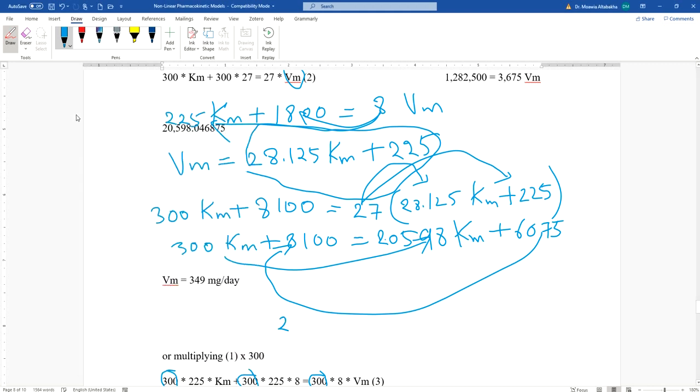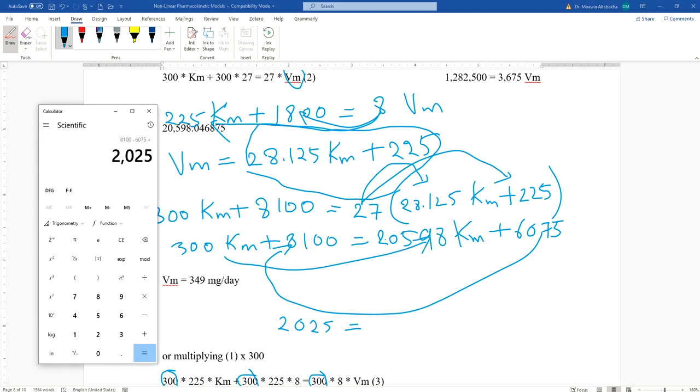So I will write here 2,025 equals. Now I will take, as I said, 300 Km this side, so it will be 20,598 minus 300.